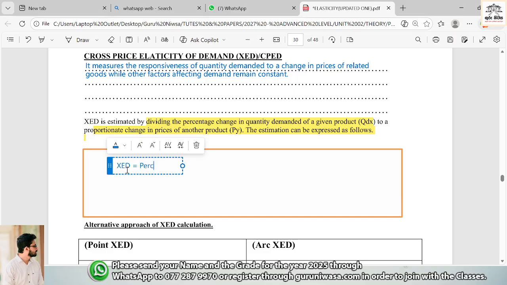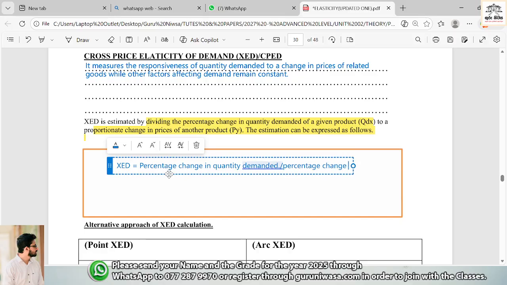Percentage change in quantity demanded divided by percentage change in price of other products.